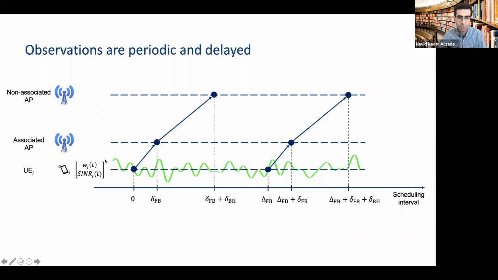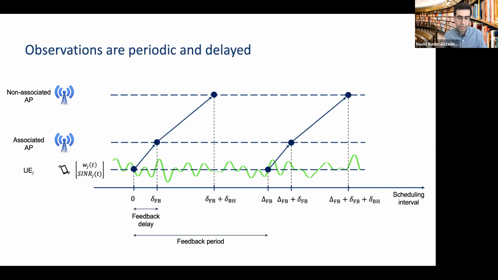The UE tracks its weight and SINR and measures them every time step, but in terms of reporting to its AP, it's undersampled. We have a feedback period based on which the UE samples its weight and SINR and reports its feedback to its AP. There's also a delay in terms of when the feedback arrives at the access point, so we take care of the feedback delay and incorporate that in our framework.